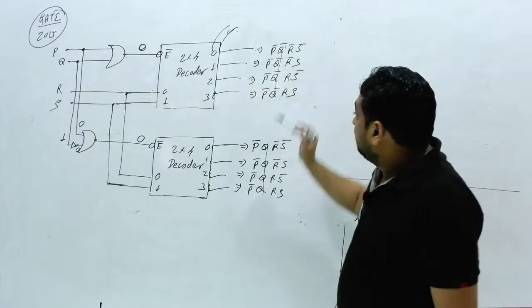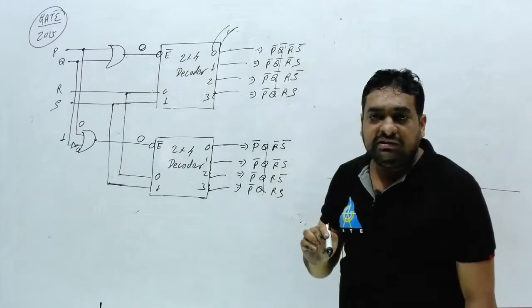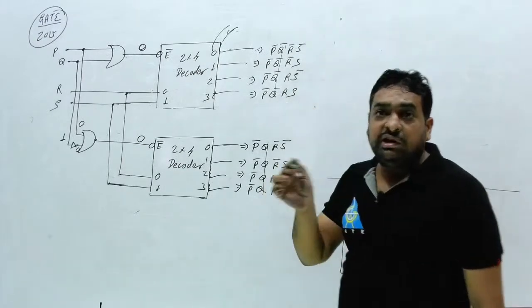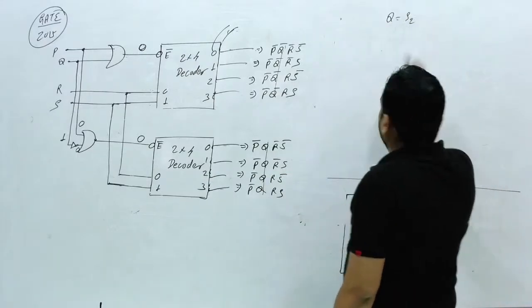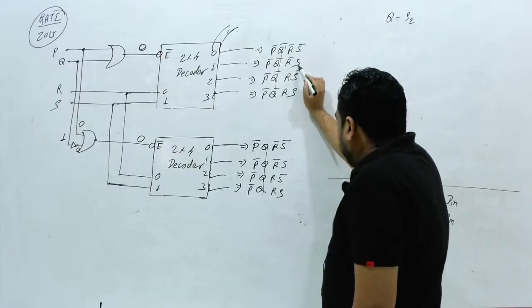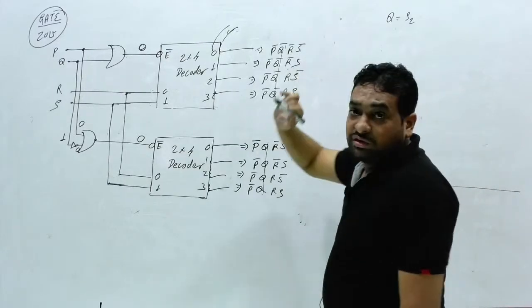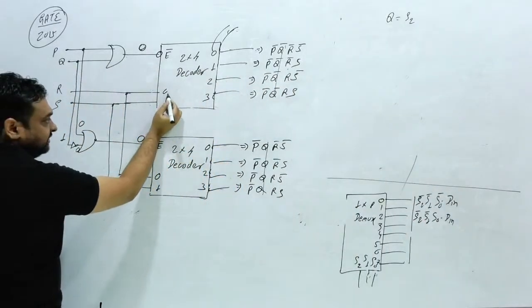So what can I write? Here this Q is 1 and here this Q is 0. It means this Q is S2. So can I write this Q is S2? What will be here? Okay, sorry, this is 0 and this is 1. We have made a mistake here.